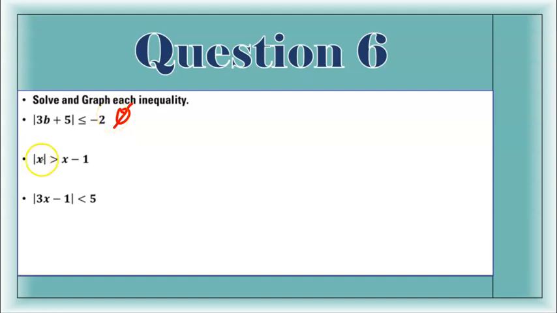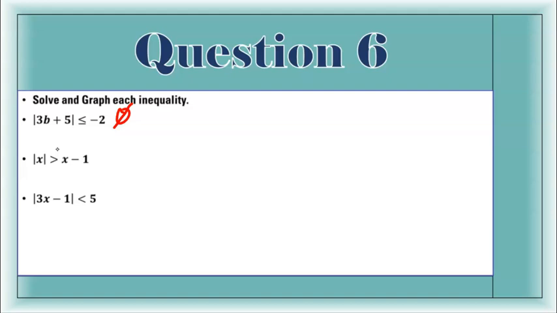Now the second one here, the absolute value of x is going to be greater than x minus 1. Whatever comes out of the absolute value is going to be a positive number. And here, whatever x is minus 1, it's going to be smaller than whatever x is. So this one's always going to be all real numbers.